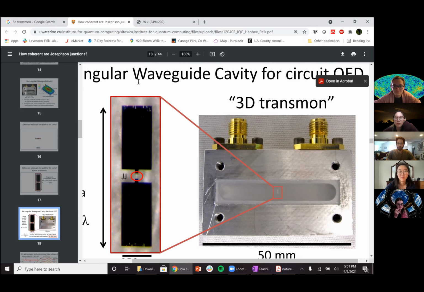Approximately 1 month before this result was published, I discovered a terrible, terrible property of my alternative to this little circuit element that made it completely useless for this purpose. And then 1 month later, Hanhee Paik, who is extremely nice, and she's great, she's working at IBM now, published her 3D transmon result that showed that not only was I taking the wrong approach, but there was no reason for me to even do that project to begin with.